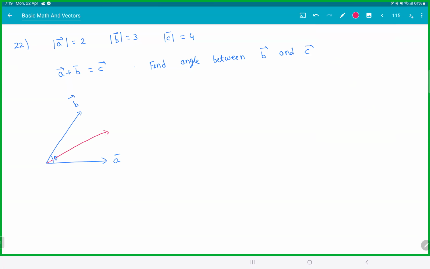Let's say this is your resultant C bar. Basically, this is the resultant A bar plus B bar. This angle is alpha, this angle is beta. I'm asking you beta. Angle between B bar and C bar is that beta. Try. I'll give it 2 minutes.